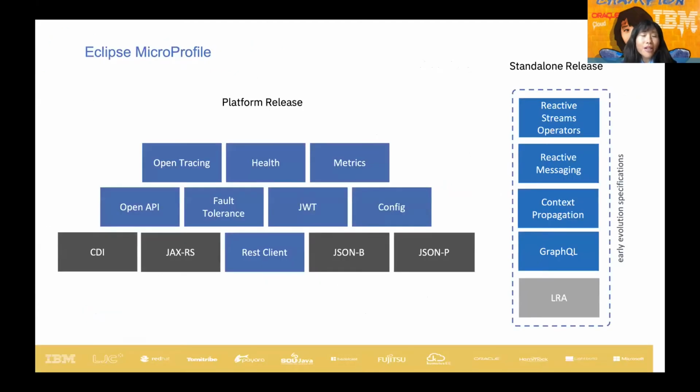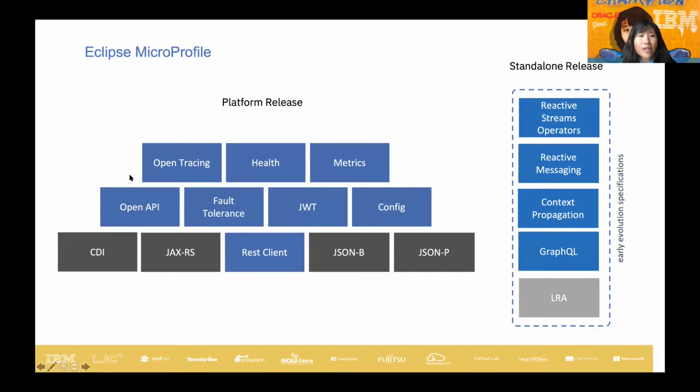This is a quick bird's eye view of what's in MicroProfile. As you can see, it is colored differently. In dark color, these are 4 things directly adopted from Jakarta EE: CDI, JAX-RS, JSON-B, and JSON-P. And all these blue squares are created under MicroProfile.